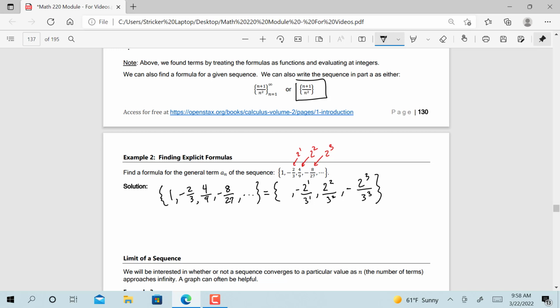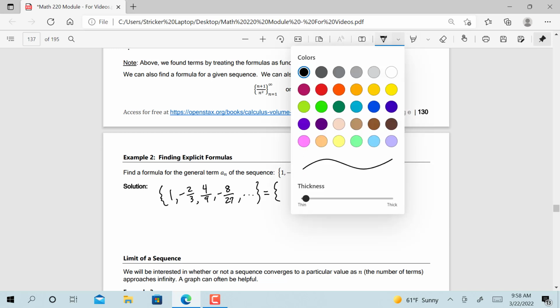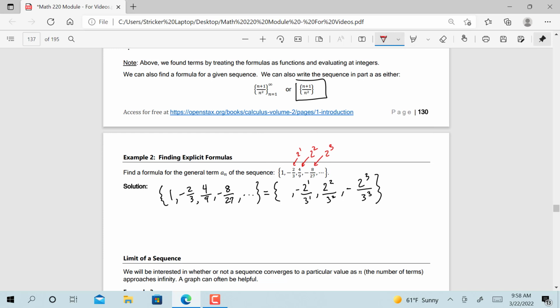Well, remember, if we keep with this pattern of 2 to a power in the numerator, what's 2 to the previous one would have been 2 to the 0. What's 2 to the 0 power? Well, that's 1, and so is 3 to the 0 power also 1. So we can think of that first one as being 2 to the 0 over 3 to the 0. And so that kind of gets us where we want to go. I did forget to rewrite this with the dots at the end. This is, again, an infinite sequence, so we need to indicate that it keeps going.